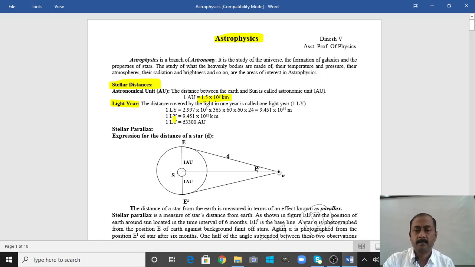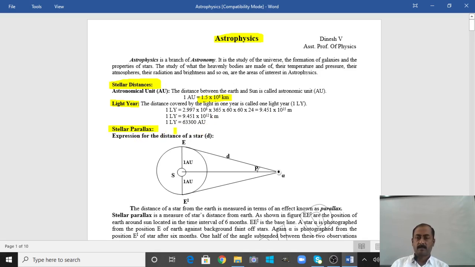Hence, 1 light year is equal to 9.451 into 10 to the power of 12 kilometer. When it is converted into astronomical unit, the value becomes 1 light year is equal to 63,300 astronomical unit.